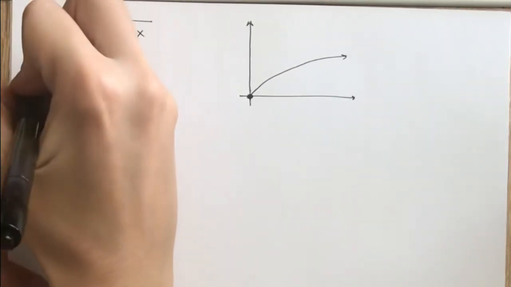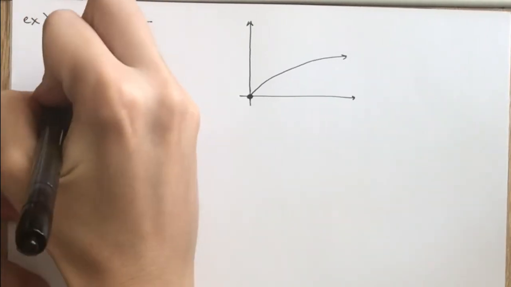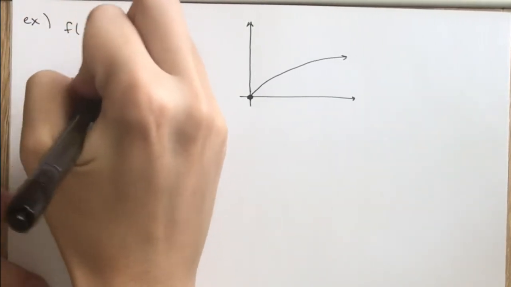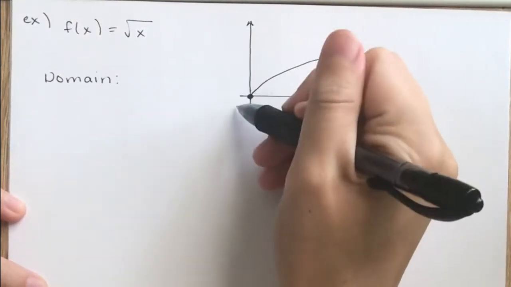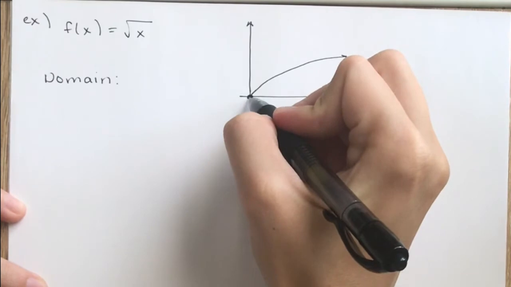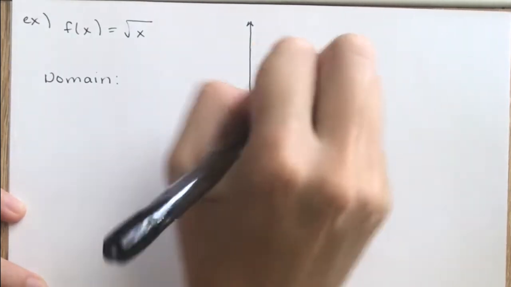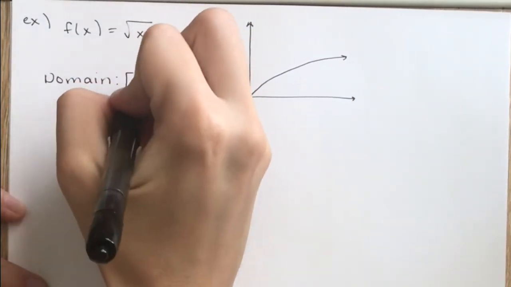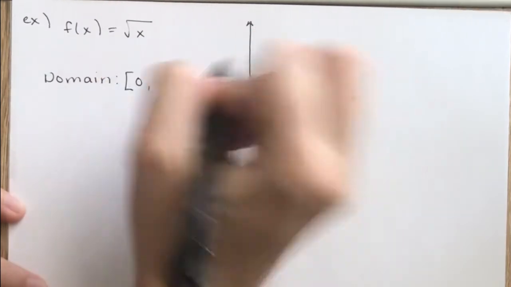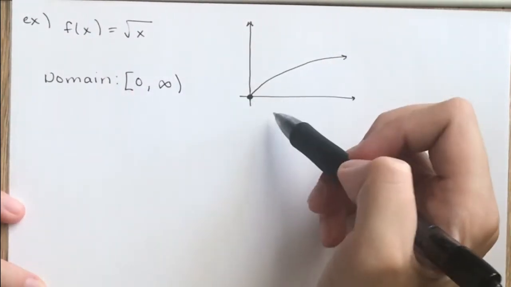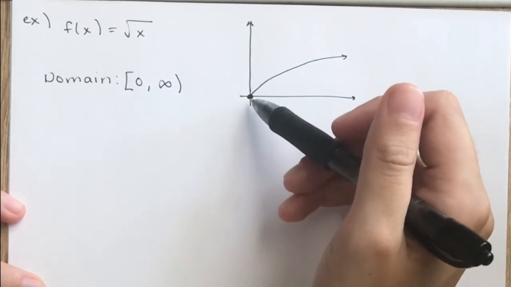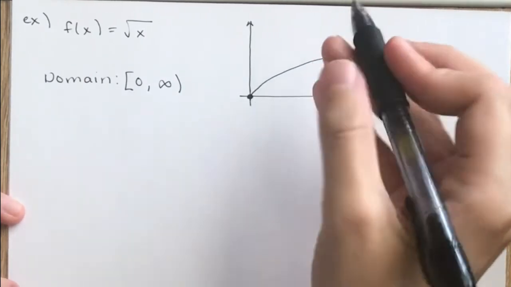What is the domain of this function? Well, nothing going on over here. We start at x equals 0 and we continue to positive infinity. We're including 0 because we have this point here, right? Square root of 0 is 0. So that is included in our domain.